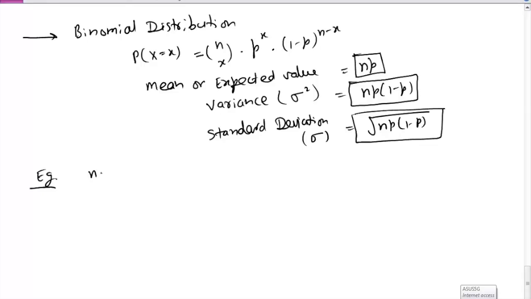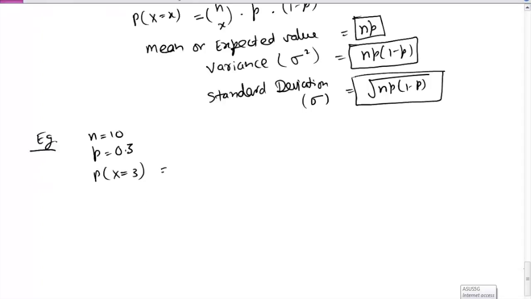Suppose n equals 10 and p equals 0.3, and we want probability of x equals 3. So using the formula you can write, now if you simplify 10c3, so 10c3 means in how many ways you can get x equals 3 out of 10 situations.